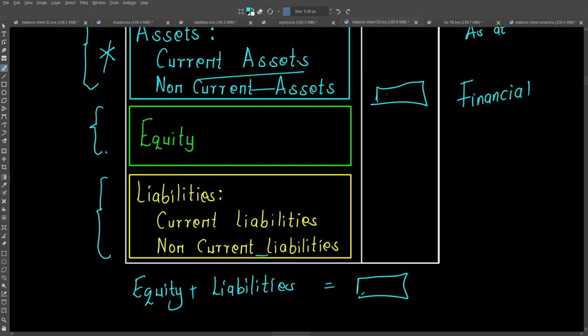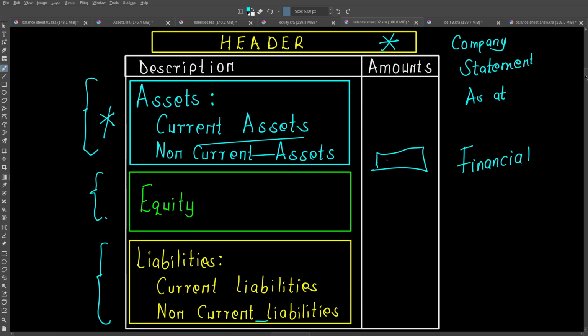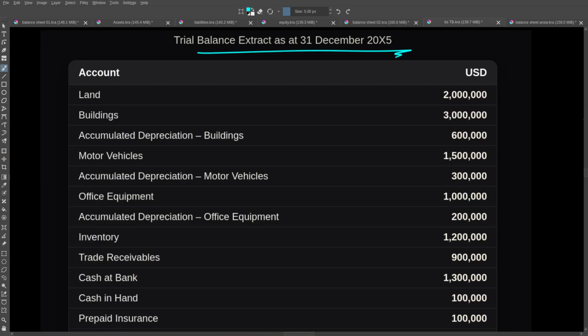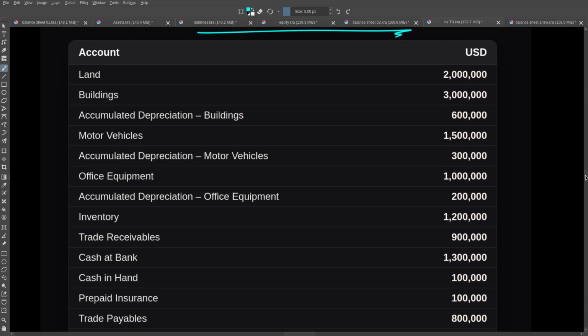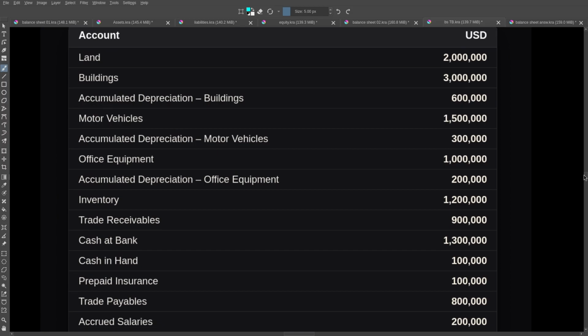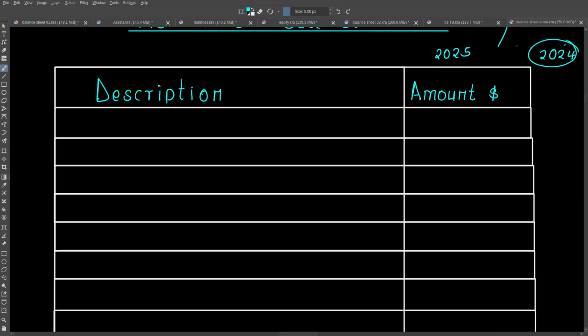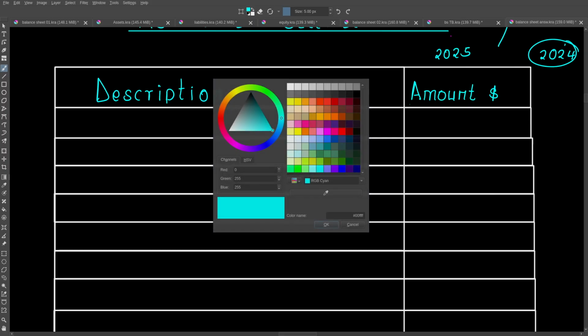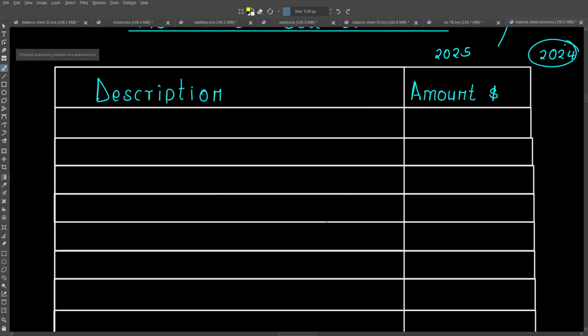So we have this trial balance. Okay, these are the balances as at 31st December 2025, and we are going to start with the first section. We look at assets, and under assets, we start with current assets.